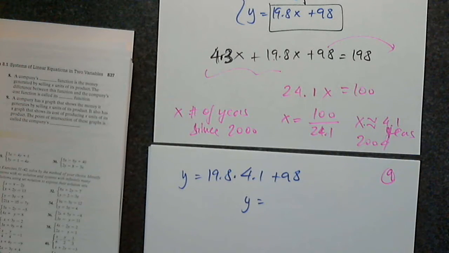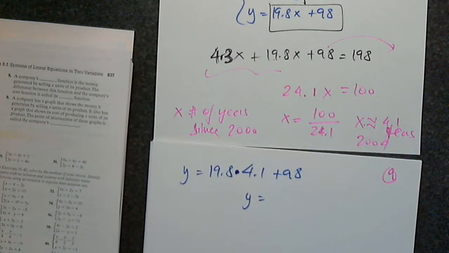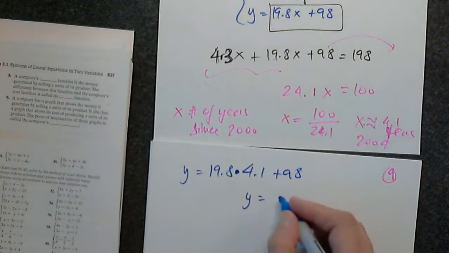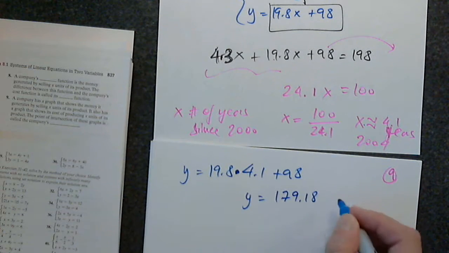So 19.8 multiplied by 4.1 plus 98. I got 179.18 million.